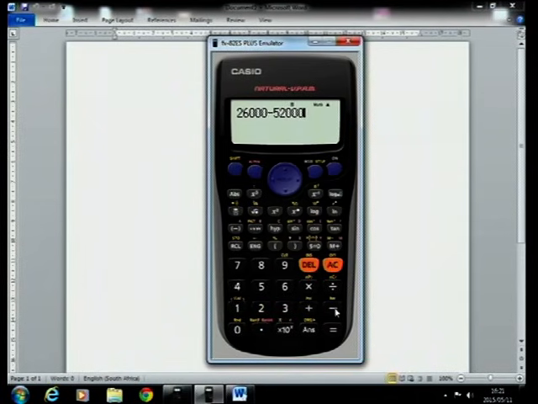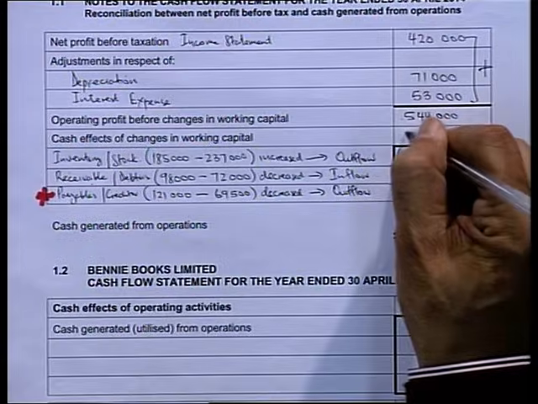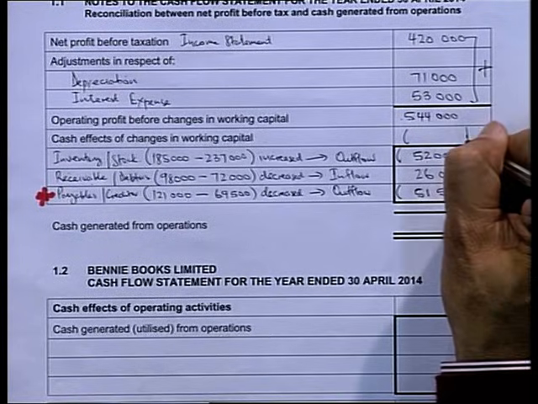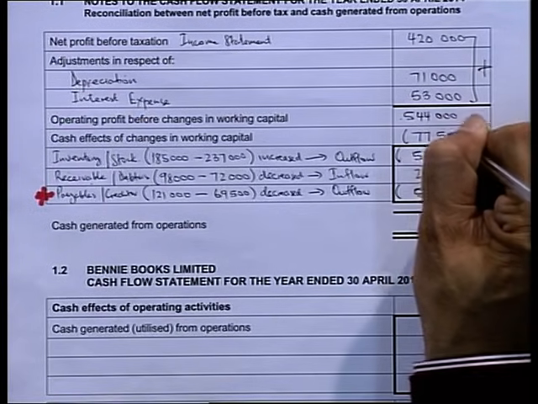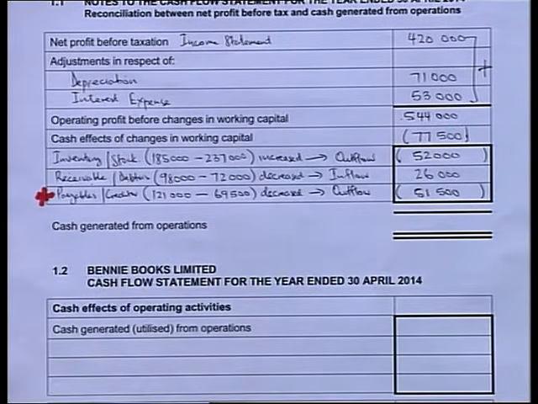It's 52,000 and 51,500. Then the answer on the calculator is a negative, meaning that that figure of 77,500 will have to go in brackets. Okay, no questions there.